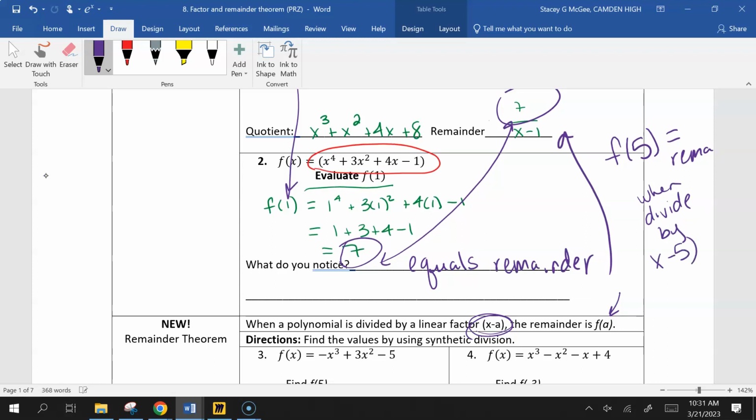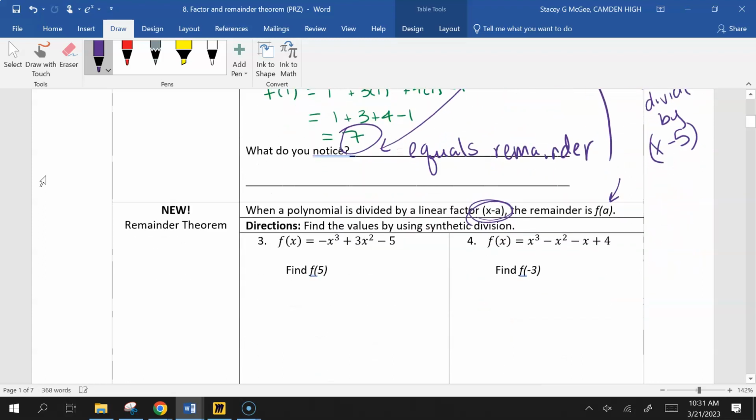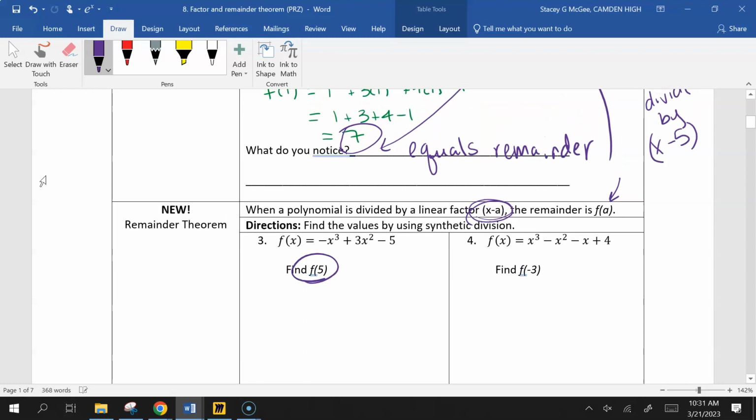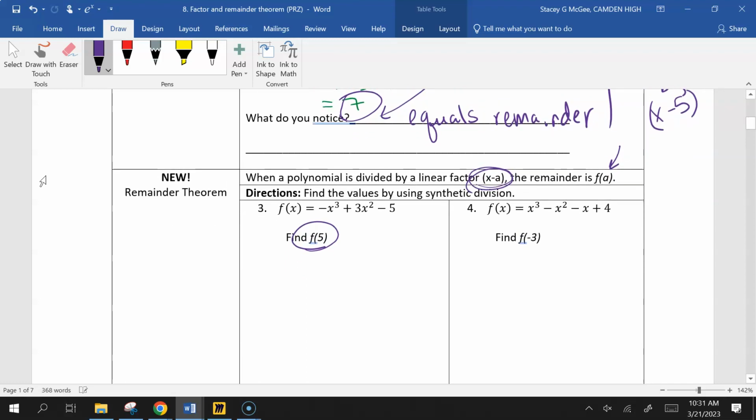X minus 5. So now as I come down to this next one, if I find f of 5, that's going to tell me the remainder whenever I divide by x minus 5. But find f of 5 and see what happens.